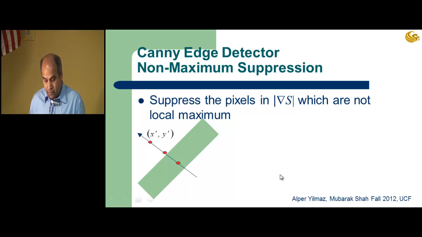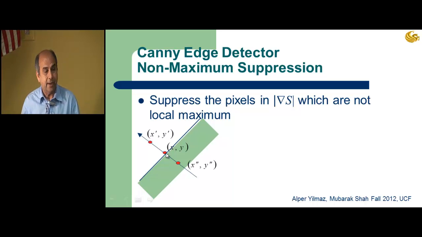What we are going to do is use the direction information to suppress. Let's say there is an object like this, and this is the edge here, and the direction of the gradient is always perpendicular to the edge. This is the gradient. Let's say this is the point x, y. We want to decide whether it is a local maximum or not.